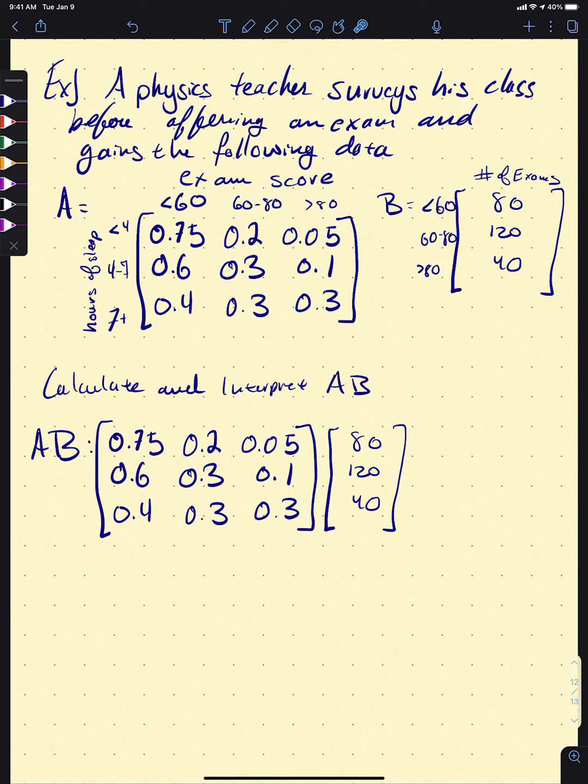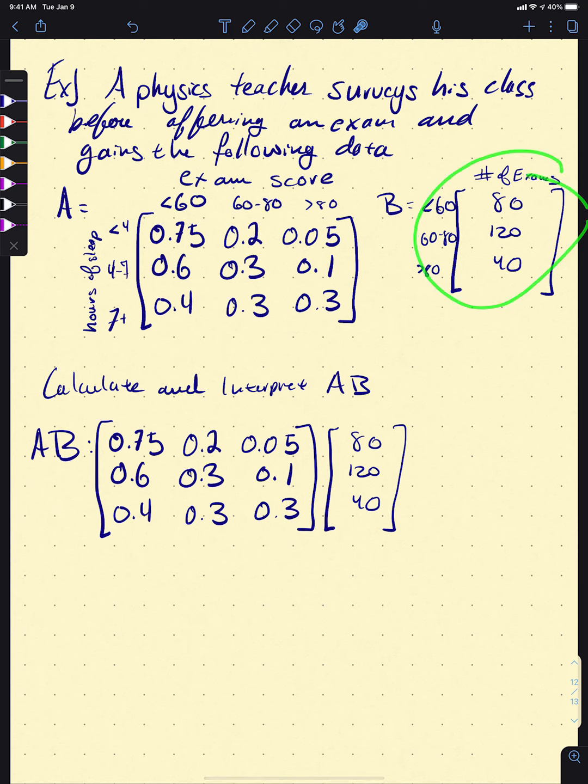And each entry is the proportion of these students who got this score, right? So 75% of the students who slept less than 4 hours got lower than a 60%. 20% of the students who slept less than 4 hours scored 60 to 80, and so on. This one gives you the percentage of the students who slept 4 to 7 hours, they got a 60 to 80.